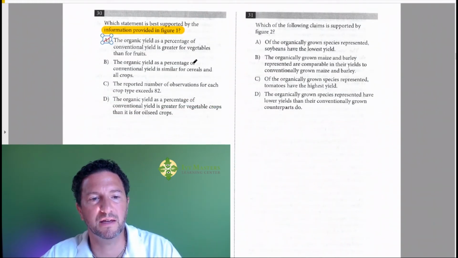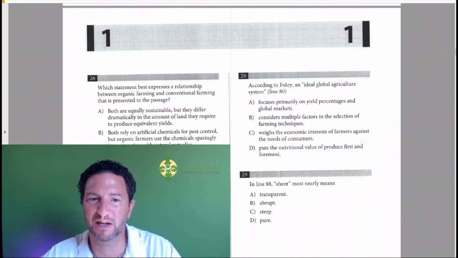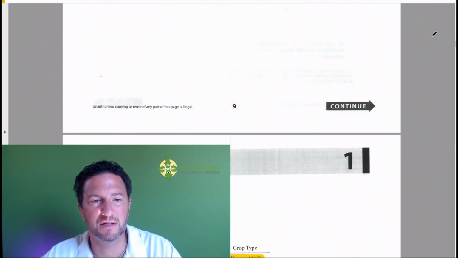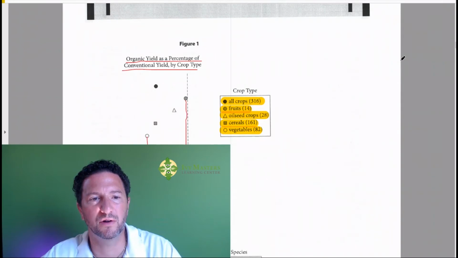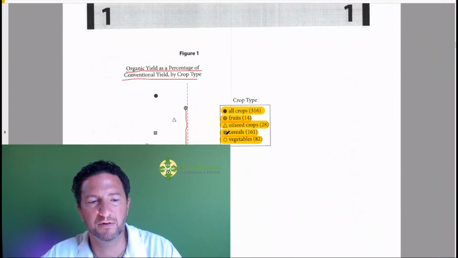The organic yield as a percent of conventional yield is similar for cereals and all crops. Let's check it out. Let's see where cereals are and all crops. Well, cereals are the box, all crops are the black circle. And look, they're right on top of each other, right here.